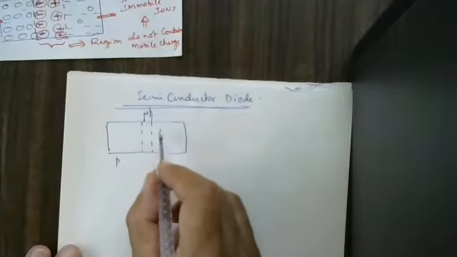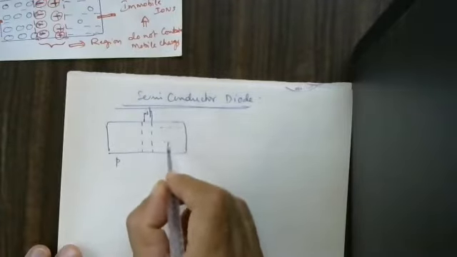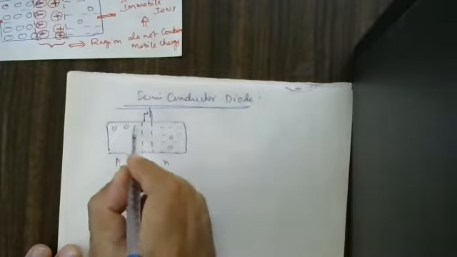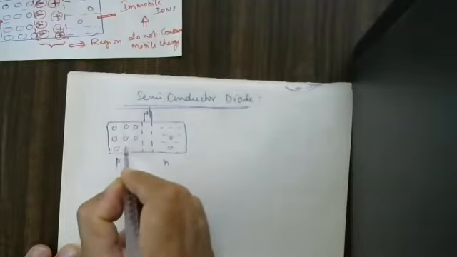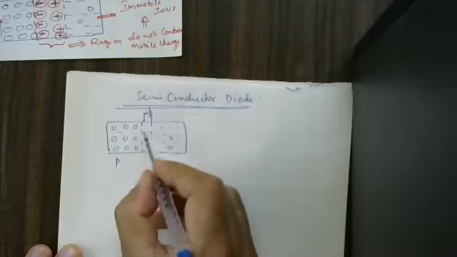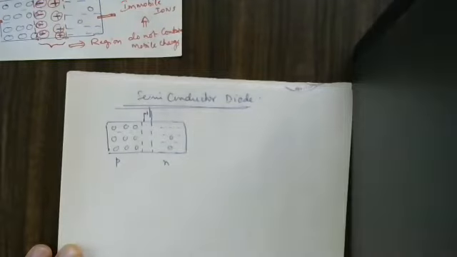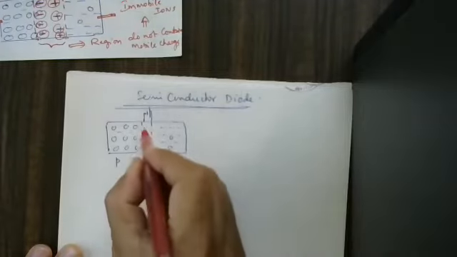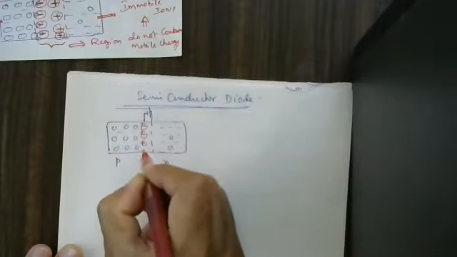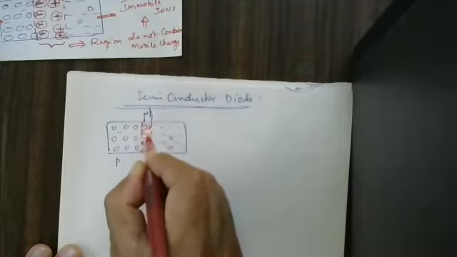Here majority charge carriers are electrons and minority charge carriers are holes. Here majority charge carriers are holes and minority charge carriers are electrons. Here only positive and negative charges are present. These are the negative ions, present here. Here positive ions are present.